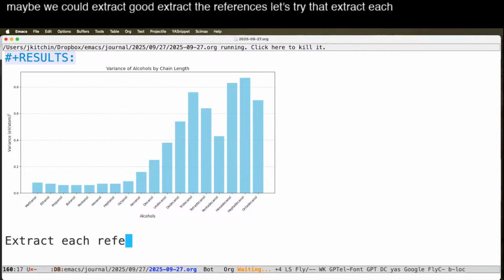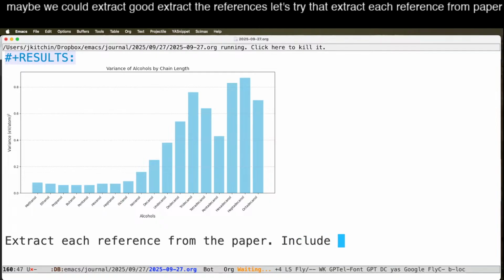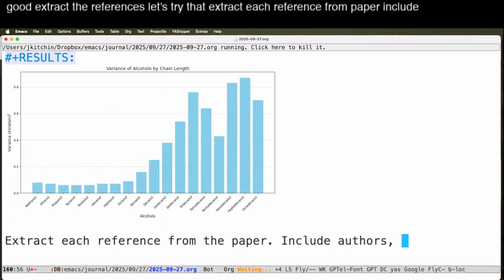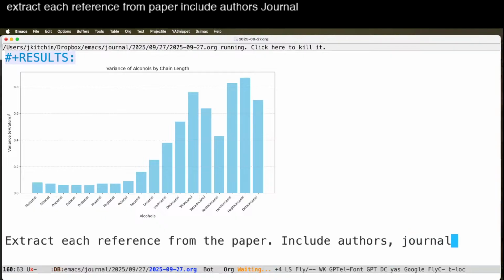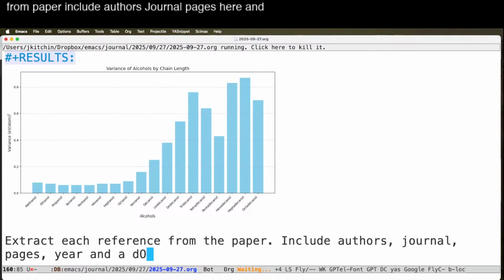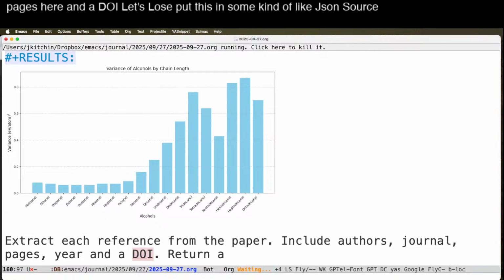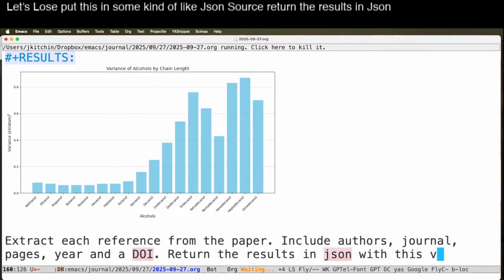Extract each reference from the paper, include authors, journal, pages, year, and a DOI. Let's just put this in some kind of like JSON source. Return the results in JSON with this form.